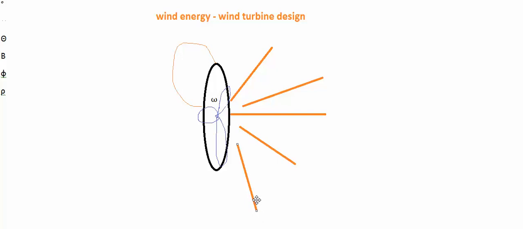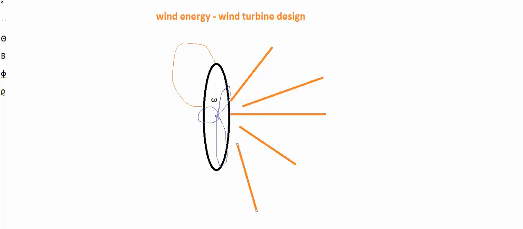What we want is to expose the maximum amount of rotor area to the wind. How is it possible? It is only possible if the velocity vector of the wind and the rotor plane are perpendicular to each other. For that, we make a yaw control.